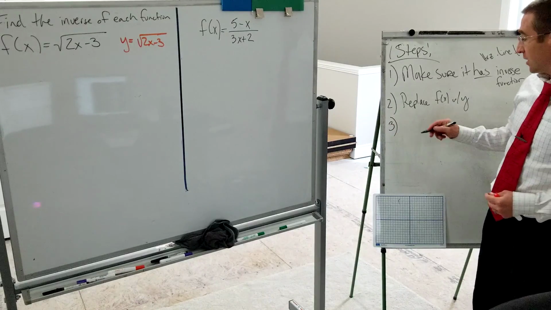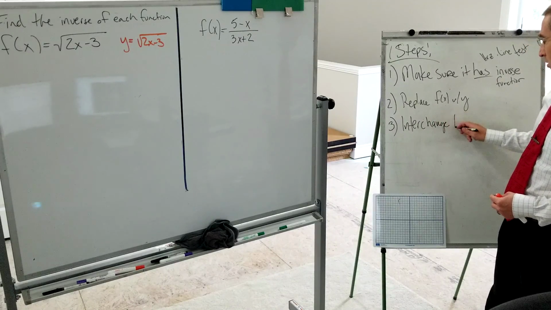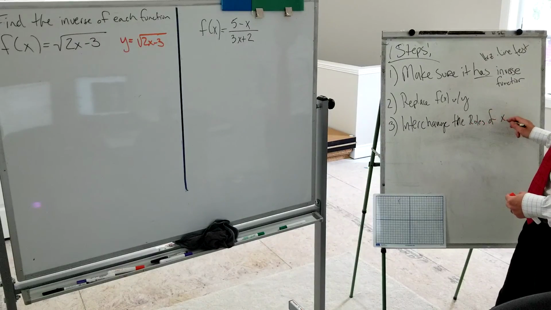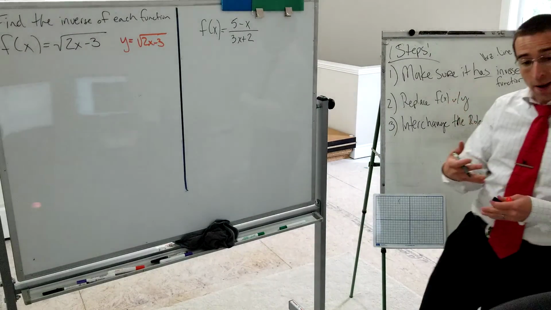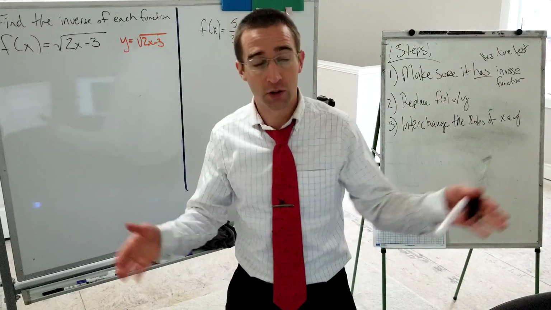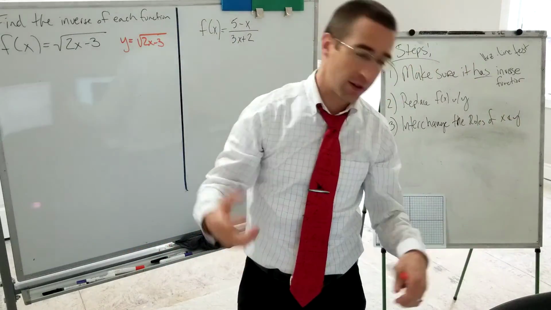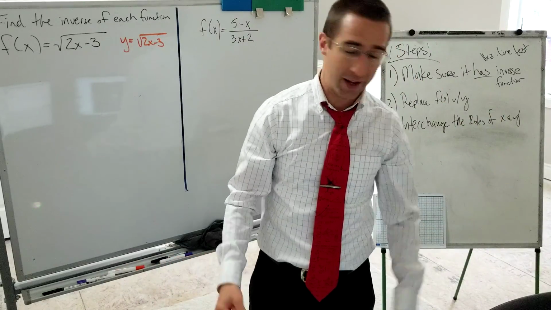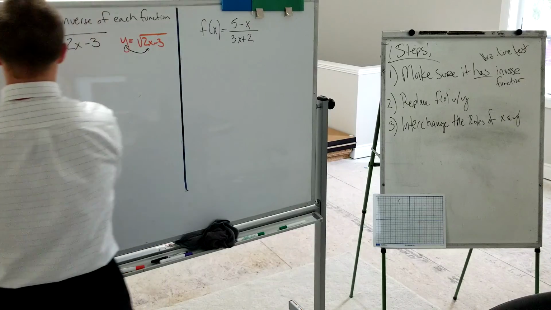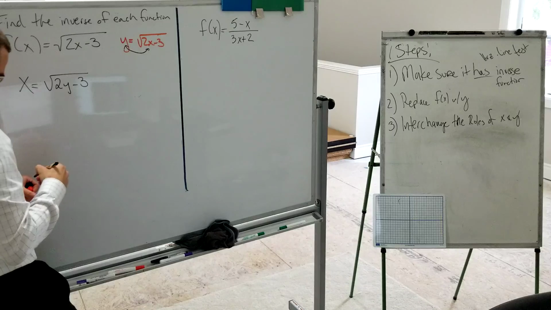Next, we're going to interchange the roles of x and y. We're going to swap the x's and y's because this is the algebra version of reflecting over y equals x. The a comma b's now become b comma a's. x comma y becomes y comma x. So I'm going to do a little switcherooski here and get x equals square root of 2y minus 3.